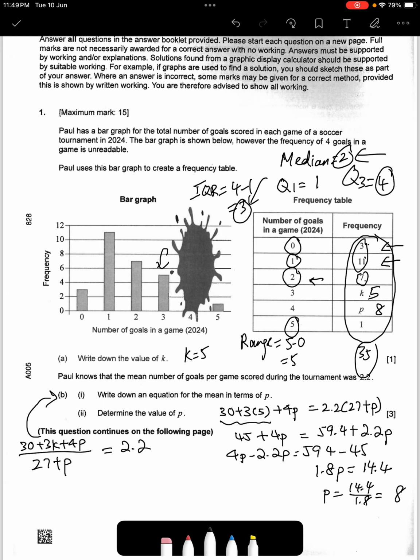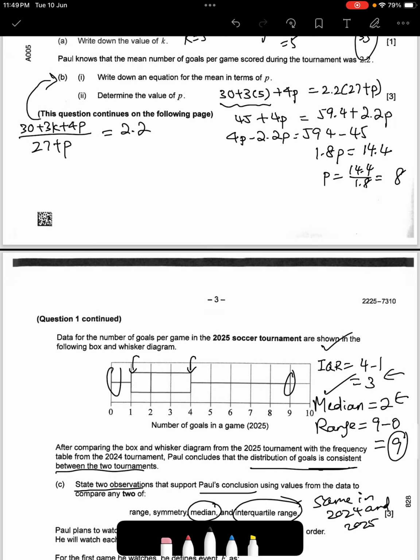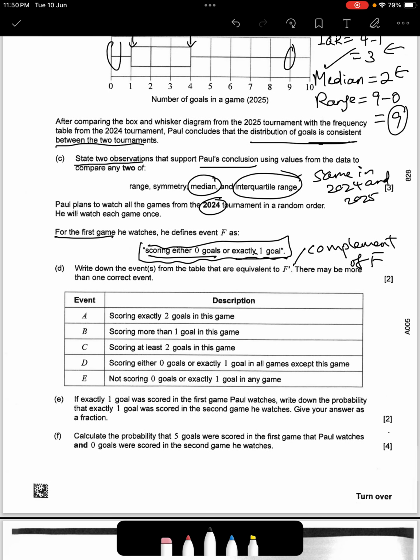because in the 2024 table, you have goals scored from 0 to 5. Now, if you look at event A, it says scoring exactly 2 goals. On first sight, it does look like a complement, but if you think about this as well, it does not actually include 3 goals, 4 goals, or 5 goals in this case.